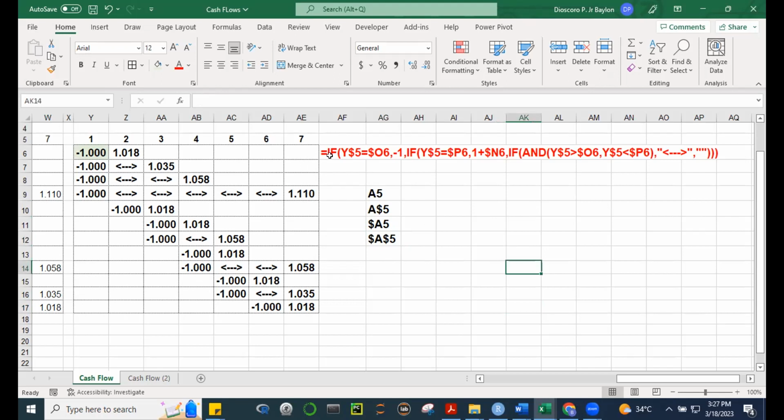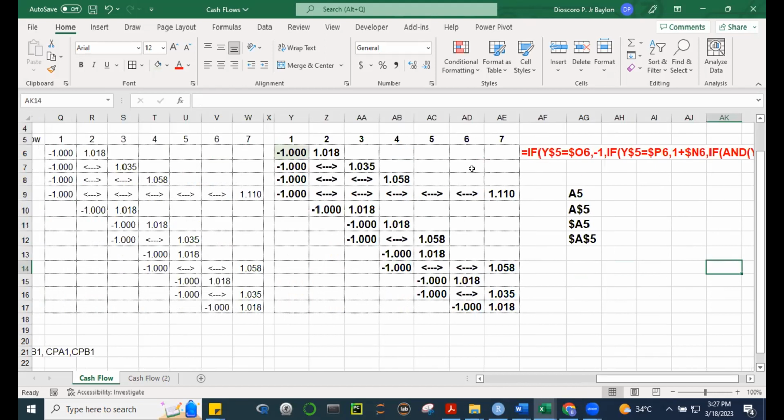So in this case, why am I using $5? Because what I'm testing is this one. This month 1, 2, 3, 4, 5, 6, 7. It can go to month 2, which is in column Z. It can go to month 7, which is in column AE.